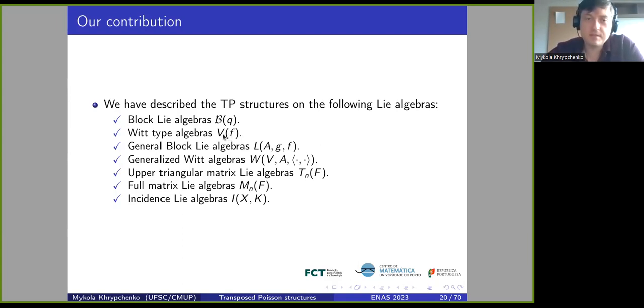But I cannot just consider the more general class because I used this more particular result in their description. And again, chronologically, this is the right order. Again, incidence Lie algebras generalize upper triangular matrix Lie algebras, but in the description of TP structures on incidence Lie algebras, we used the result about upper triangular matrix Lie algebras, so we can just skip it.